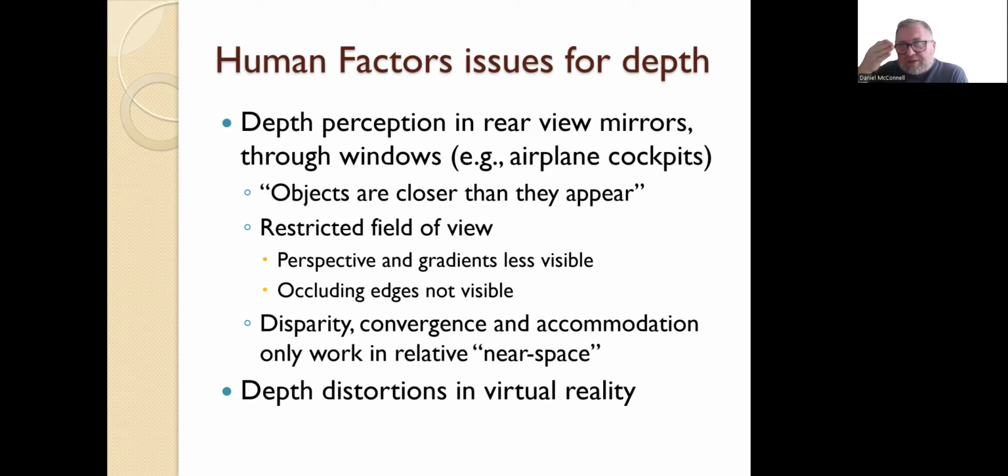Because the actual lens or screen, sorry, in the HMD is only a couple inches in front of your face. And so you might be trying to look at an object that's virtually depicted as being a meter away from you, but your eyes are still accommodating a lens that's just 2 inches in front of your eyes. And that creates a cue conflict, right, between what accommodation says versus what disparity says. And that might create some sort of weird distortion of distance.